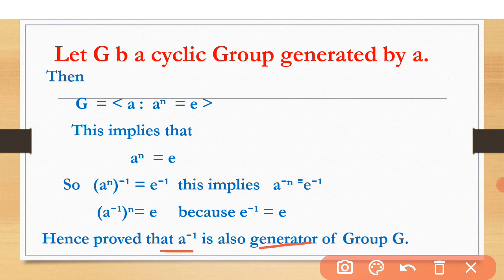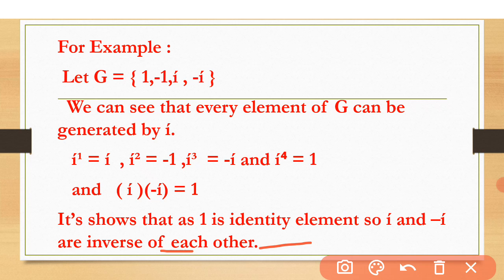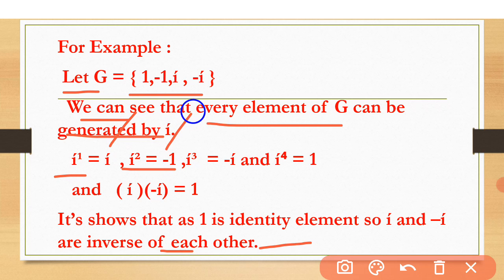Let's have an example for better understanding. For example, let G be equal to {1, minus 1, iota, minus iota}. We can see that every element of G can be generated by iota. Let's start. Iota raised to power 1 is iota. Iota raised to power 2 is equal to minus 1, because iota is equal to square root of minus 1.